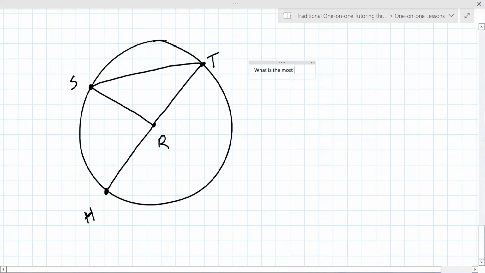What is the most specific name for each line segment? Let me fill in the blanks there for you. We're going to do a couple of these.